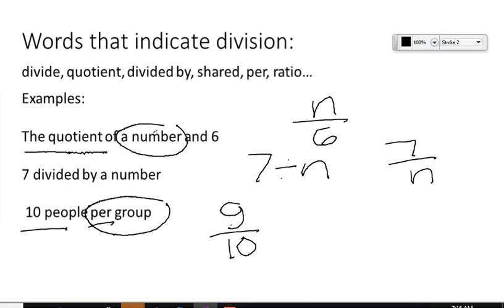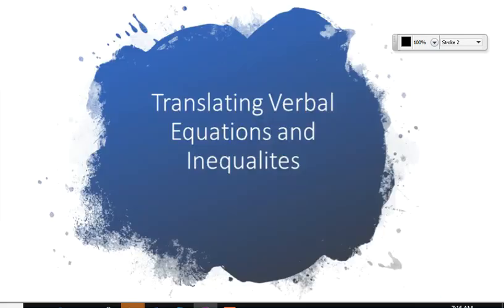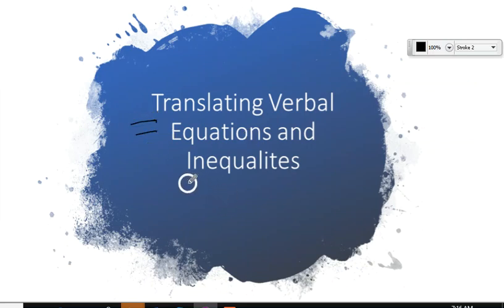So those are some verbal expressions. For the next examples, we're going to be translating some verbal equations and inequalities. Remember, equations have equal signs. Inequalities have greater than, less than, greater than or equal to, or less than or equal to signs.